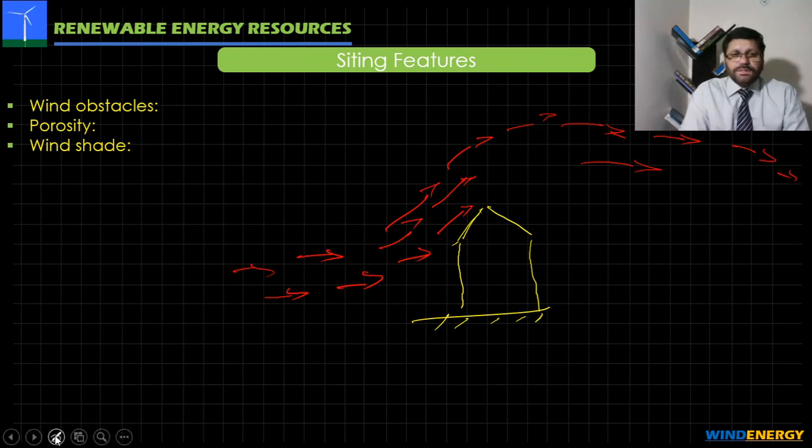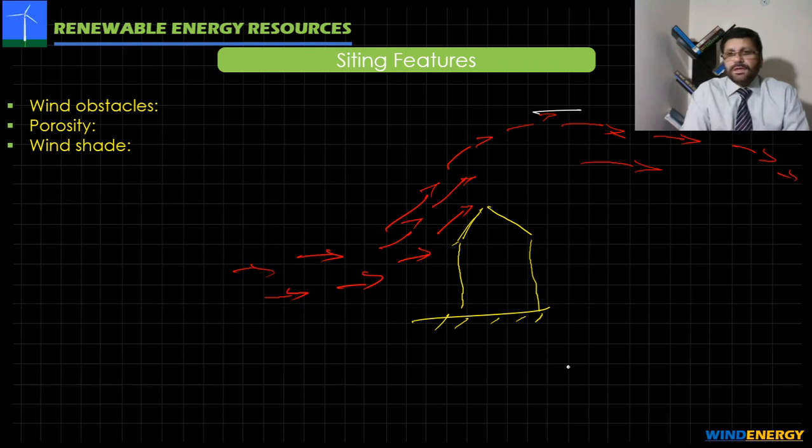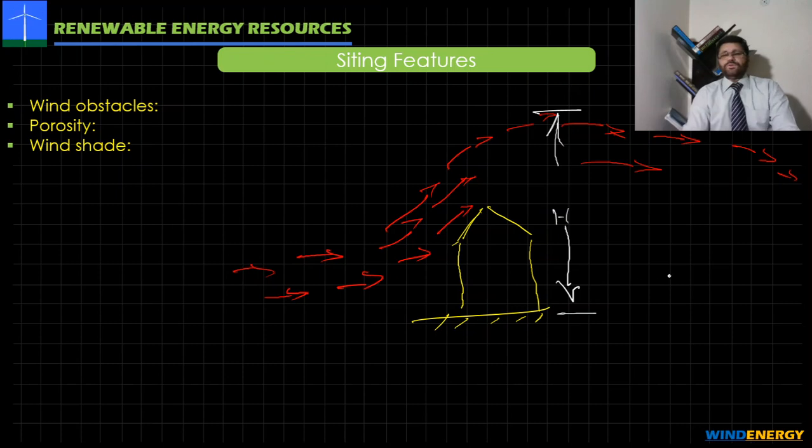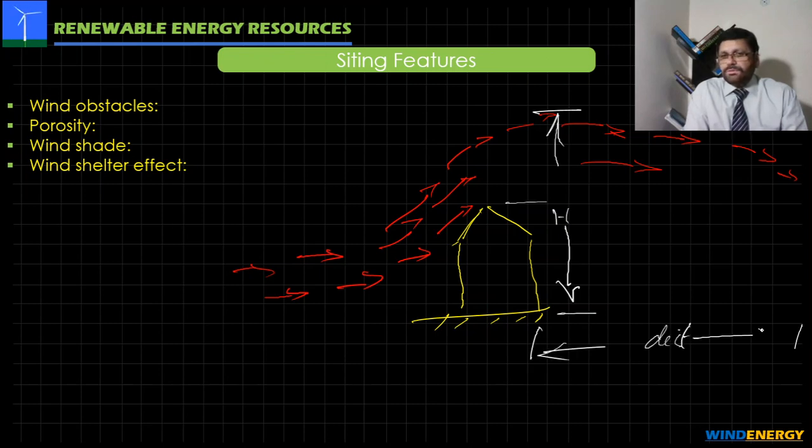Now wind shade means how far, up to what height, the effect is attained after striking the obstacle. So if at all you have to install wind turbines, it is preferred to place them at 5 times the height of the obstacle, where you won't have any turbulence. For the wind shelter effect, it is the distance you have to calculate so that you don't have any effect of this obstacle that is causing turbulence in the wind.